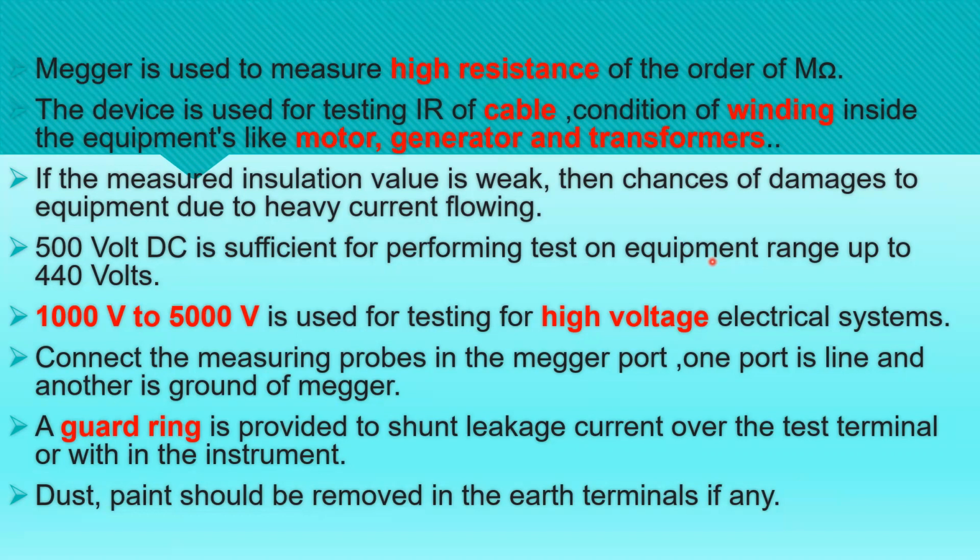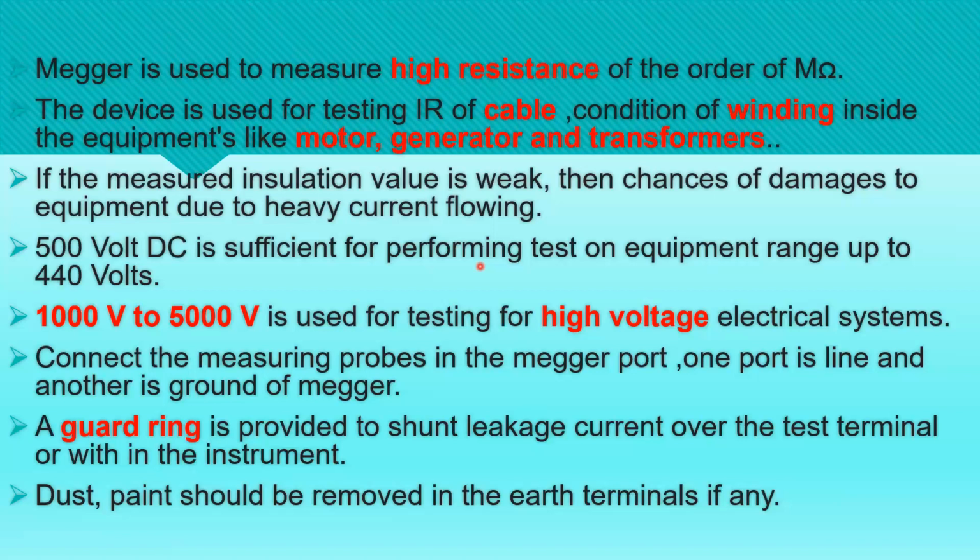The device is used for testing IR values of cable and the condition of the winding inside equipment like motors, generators and transformers. It can measure the insulation resistance of cables and also the windings of all electrical equipment, such as motors, generators and transformers.